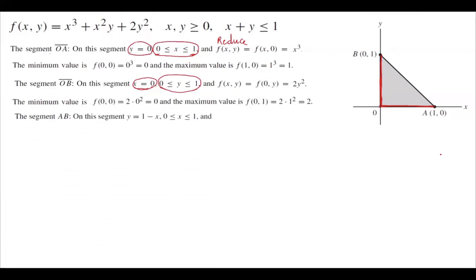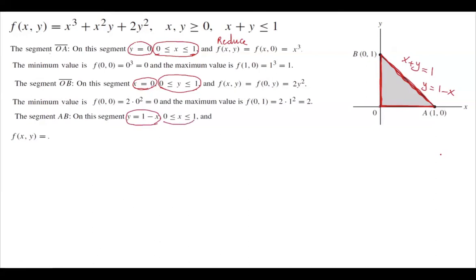Okay, let's take a look at another line segment, which is AB. This line segment connects A to B. On this line segment, as you see, since x plus y is equal to 1, y is 1 minus x. So wherever you see y, you can substitute that with 1 minus x.